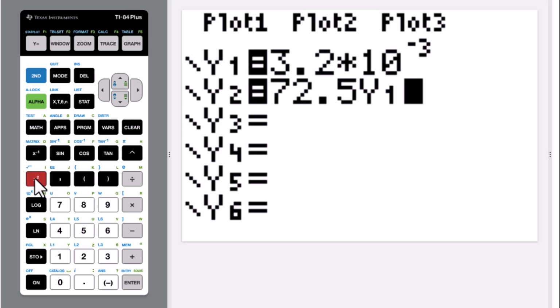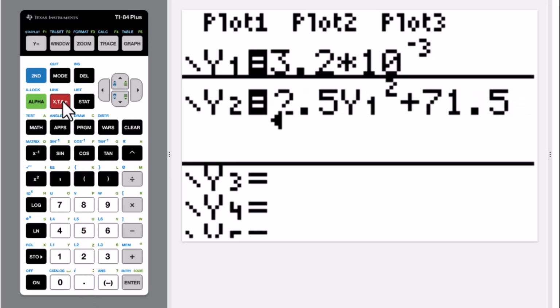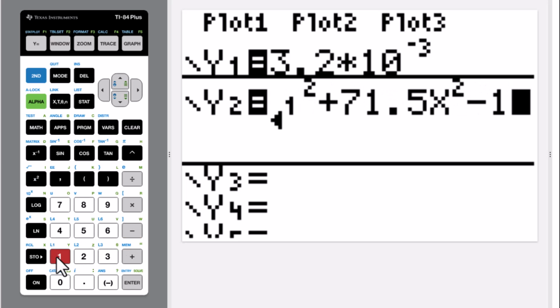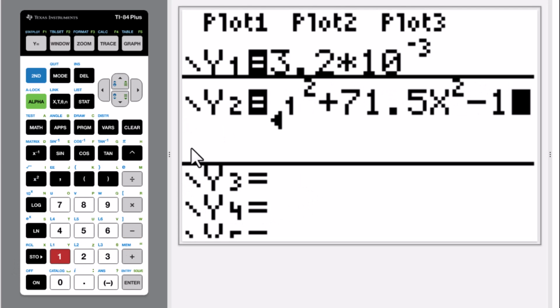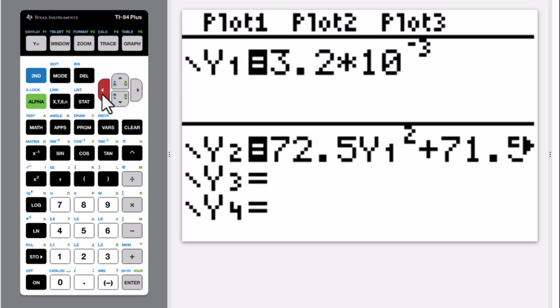Then square, plus 71.5. Y we will use variable x, minus 1. Either you can use an equation solver or you can go to graph. We only graph y2, not y1.